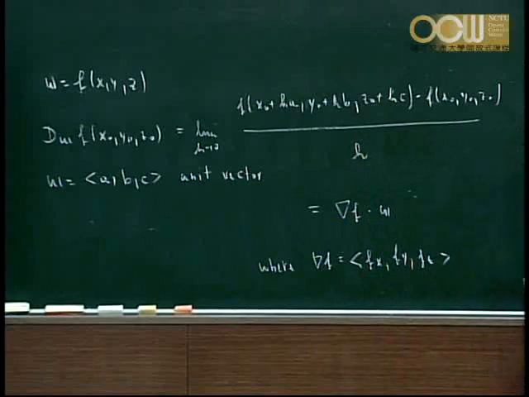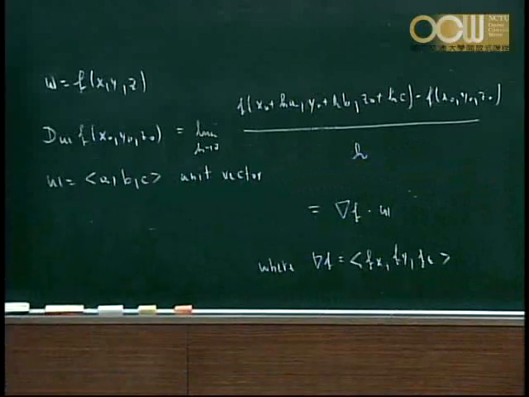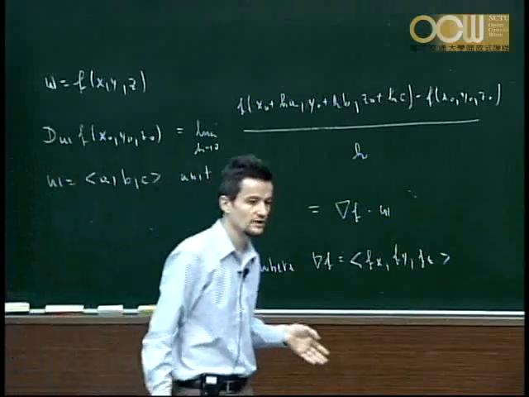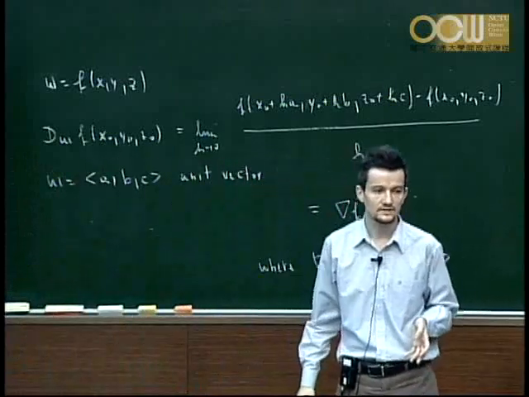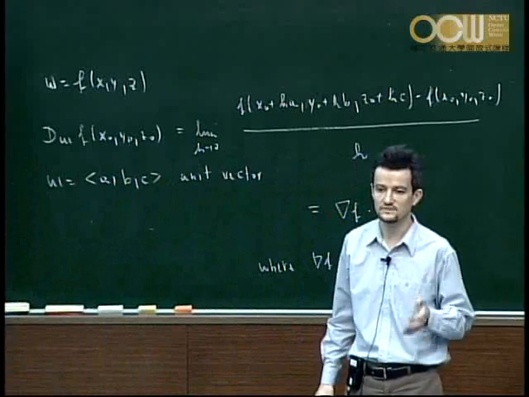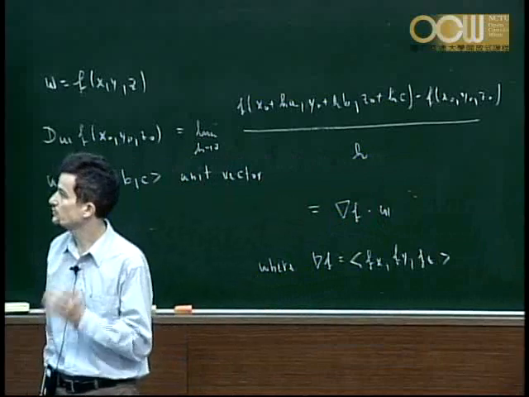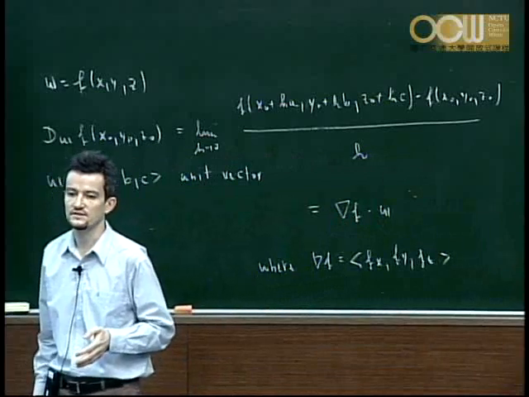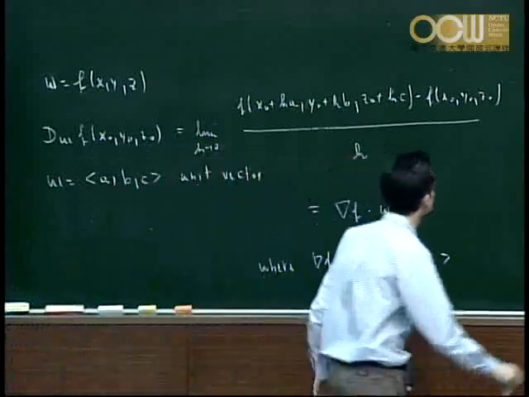The first property arises from a very natural question: if you are standing on the curve at a point P, in which direction do you have to walk such that the rate of change is maximal? It turns out that this direction is given by the gradient, and the maximal rate of change is the length of the gradient. So this is the result here.